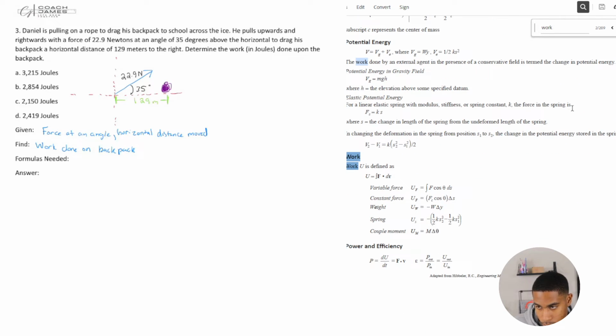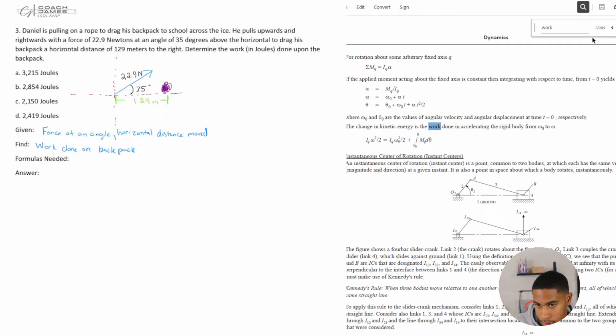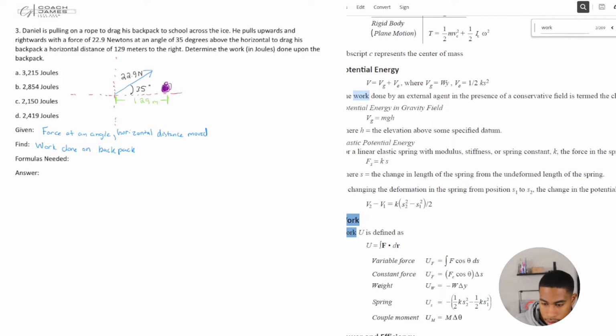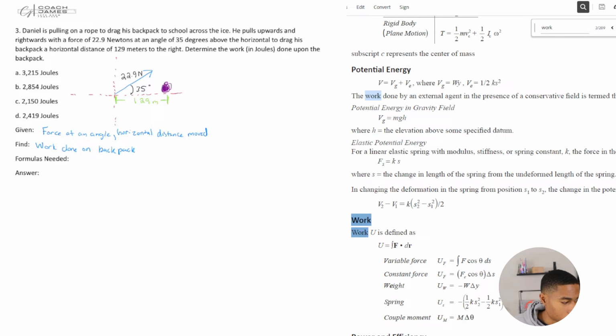That's really what you need to know for this. So a little bit of prior knowledge that you'll be using too, but mainly work is equal to force times distance. So we'll say U, which is work, is equal to the force times dr, which is change in distance.